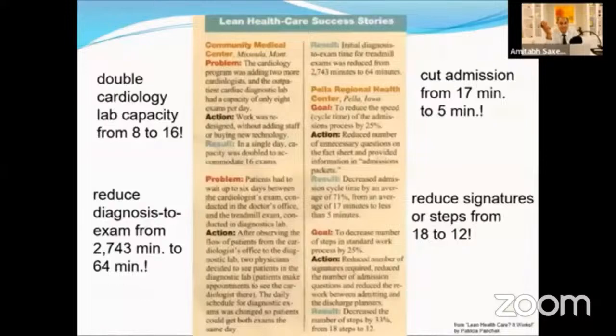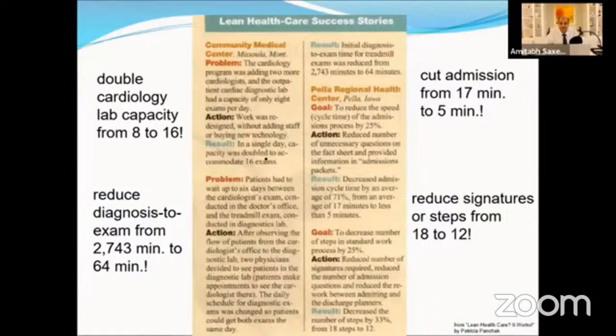Another example is, okay, before that, I'll tell you some of the things which we did using these waste reduction principles. We doubled the cardiology lab capacity from 8 to 16. We redesigned the workflow. Earlier, the cardiology program was adding 2 more cardiologists, and the outpatient cardiac diagnostic lab had a capacity of only 8 exams per day.